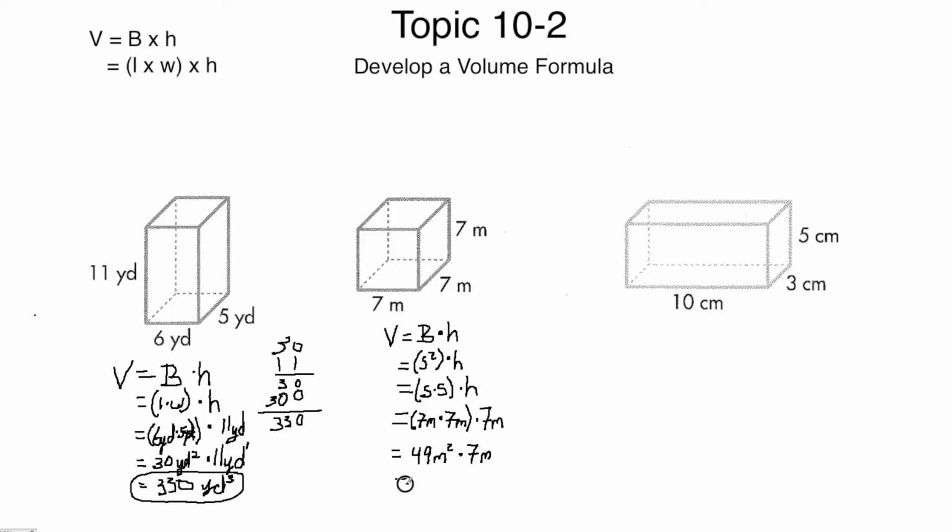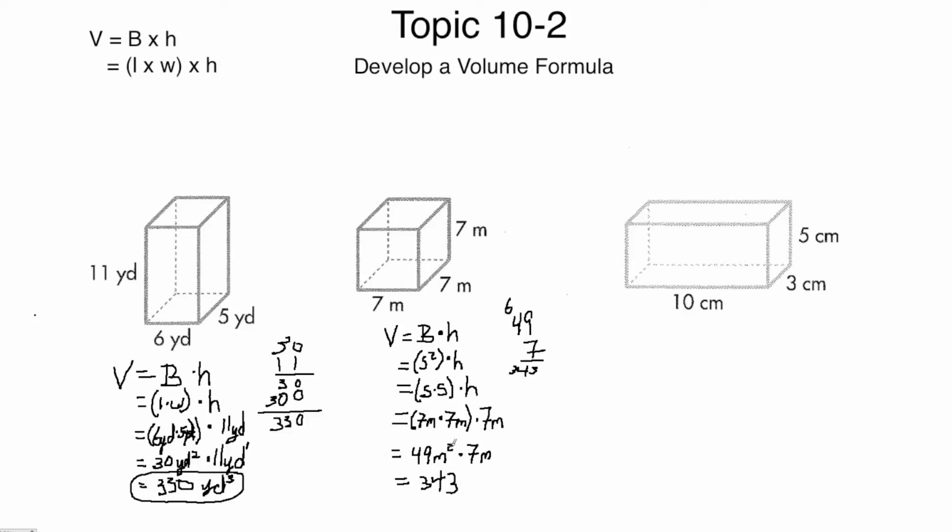All right, so let's do a little workout here. 49 times 7, that's 63. Carry this 6. 7 times 4 is 28. 28 plus 6 is 34. So my answer is 343.